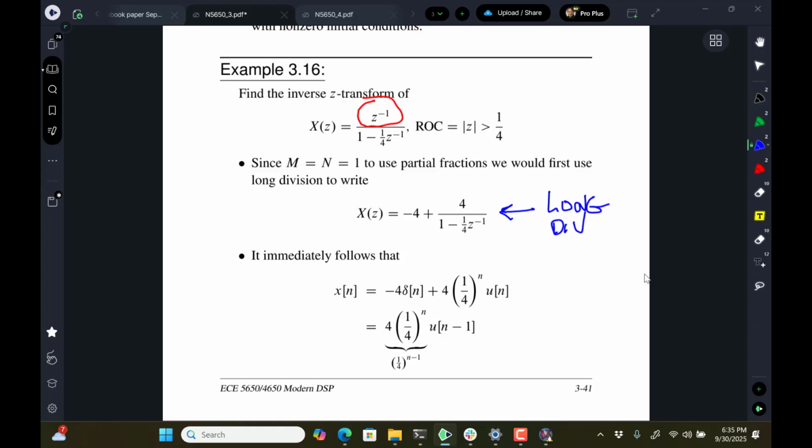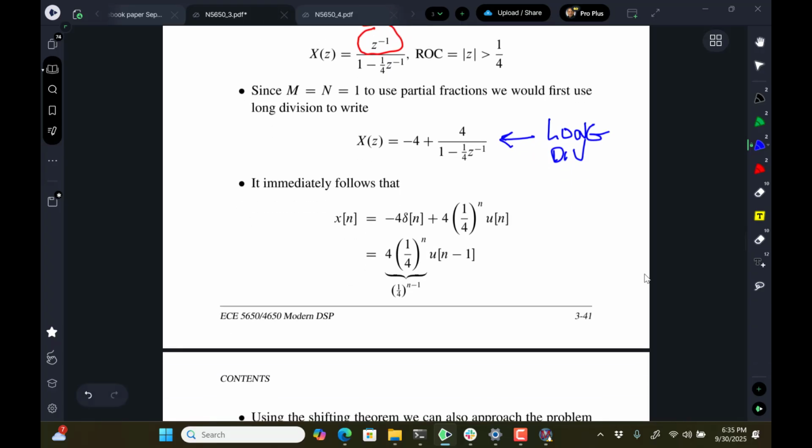Because we see we're in improper rational. So we do the long division, we get the minus 4, we get the 4 over 1 minus 1/4 z to the minus 1. And then you could combine those two terms together if you wanted to, and that's what I did right here.